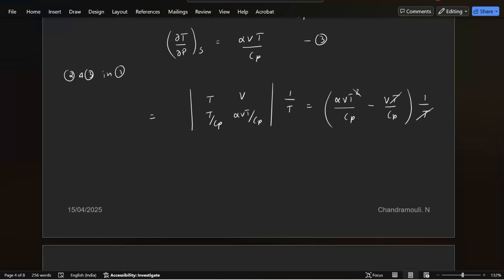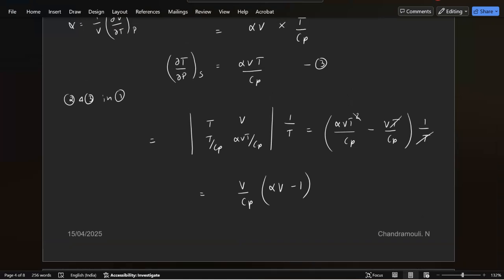We can take Cp out and V out as common. So it will be V by Cp into alpha T minus 1. That's what we will be left with. So what is this? This is our new JT. This is what we wanted, and this is the final formula of the Joule-Thomson coefficient in terms of something measurable.